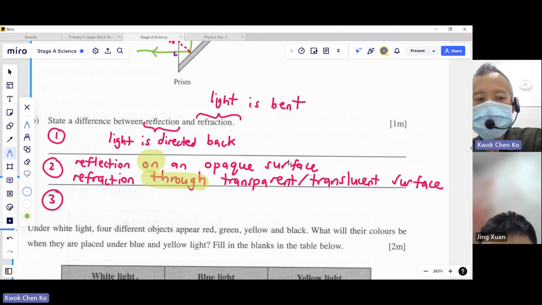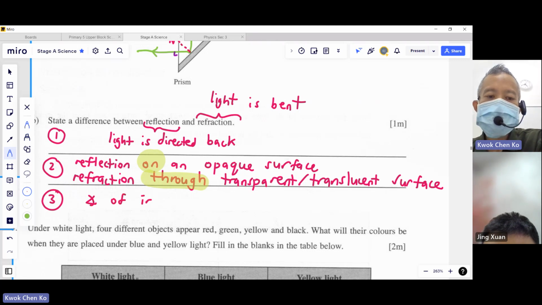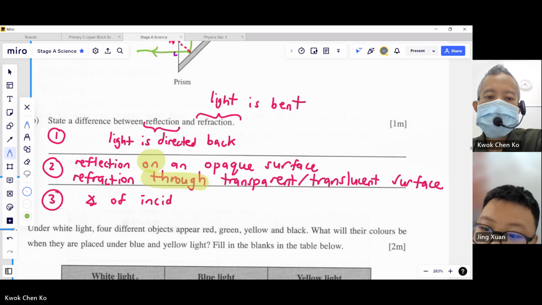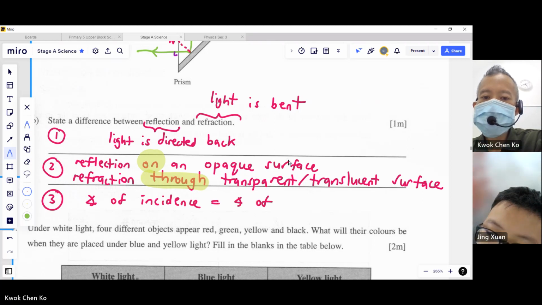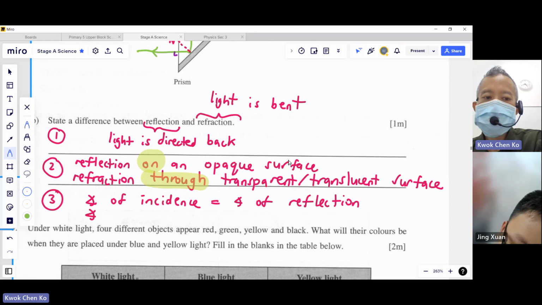But of course, you can write a bit more. Angle of incidence equals angle of reflection, whereas angle of incidence obviously does not equal angle of refraction.